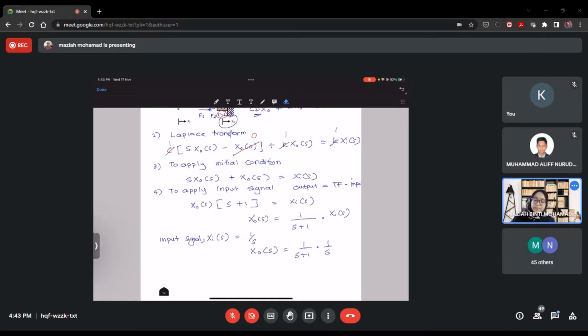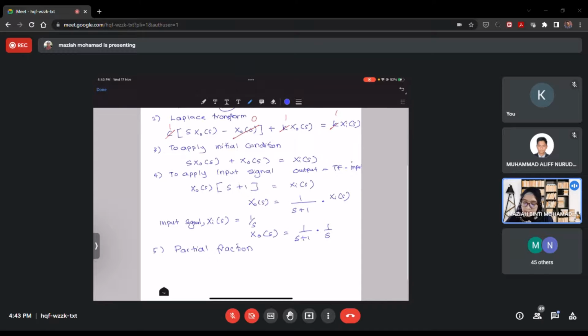Now let's do the fifth step, which is partial fraction decomposition. Later I will share.